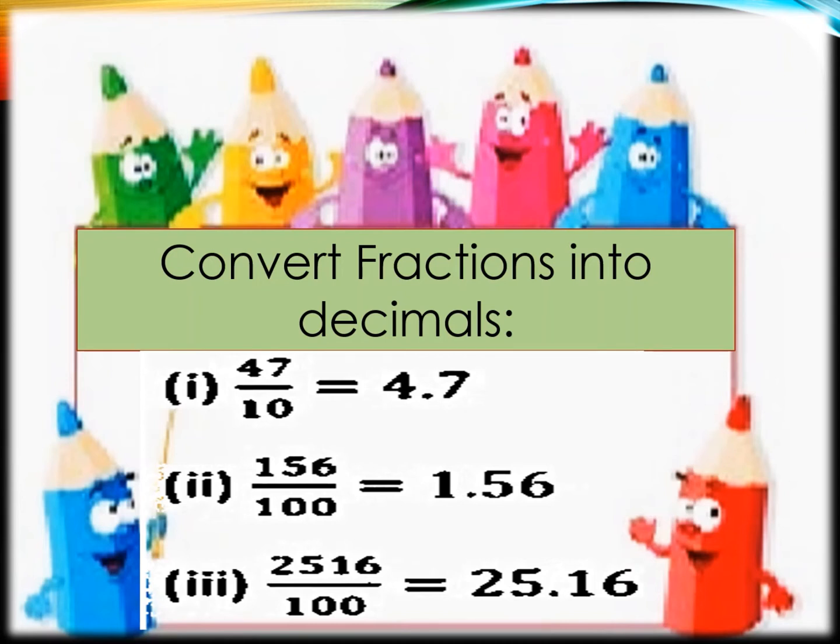So in the next one, 156 upon 100. So 2 zeros are there, we shall move 2 decimal places from the right hand side. We shall put the point between 1 and 5. So it will be 1 decimal 5 6.